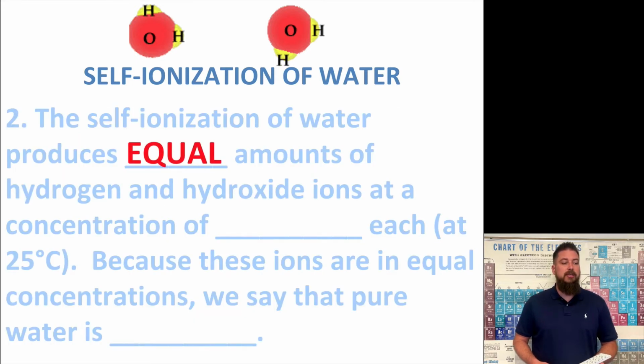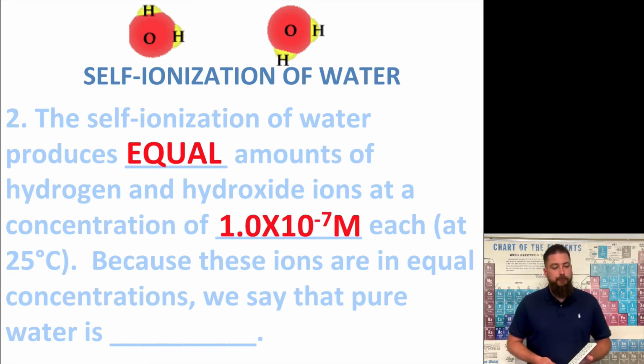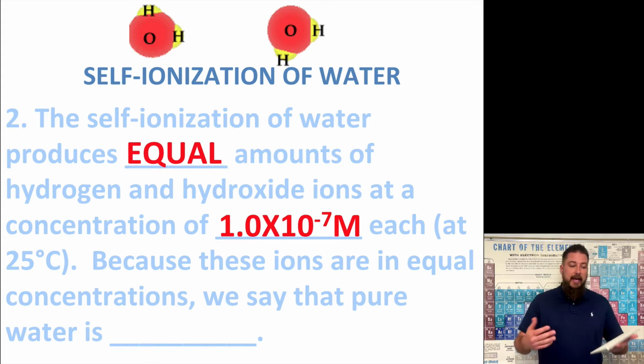The self-ionization of water produces equal amounts of hydrogen and hydroxide ions. At 25 degrees Celsius, the concentration of each of them is 1 times 10 to the negative 7 molar.